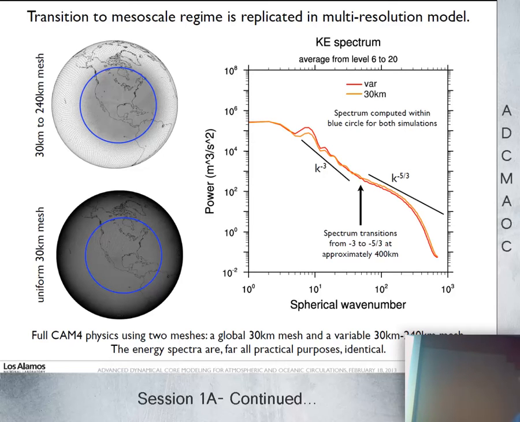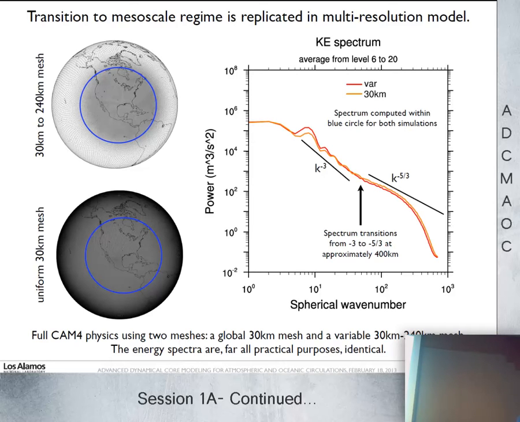And we plotted them both, and they lie directly on top of one another. And in fact, models should show a transition to the mesoscale around 300-400 kilometers. And both our variable resolution and our global resolution show this transition to the mesoscale, to the -5/3 slope at 400 kilometers. In fact, these two are identical.